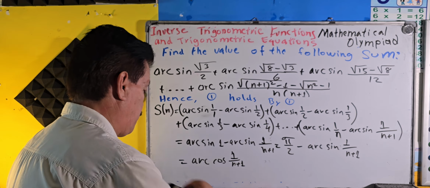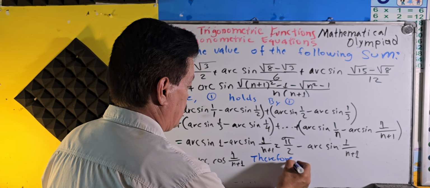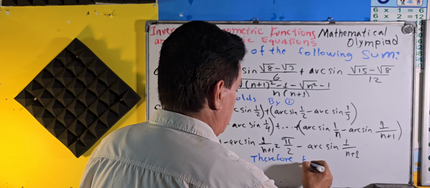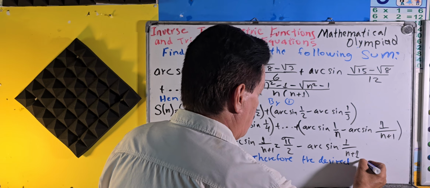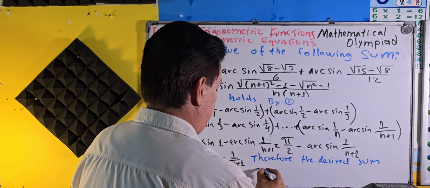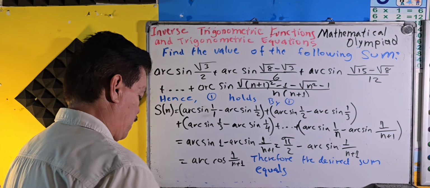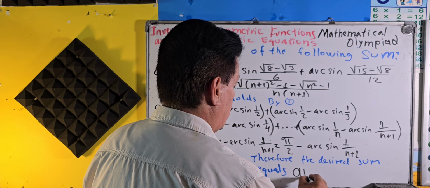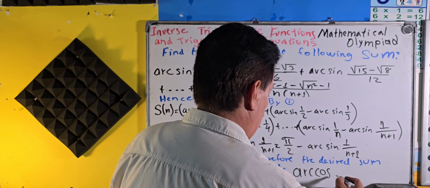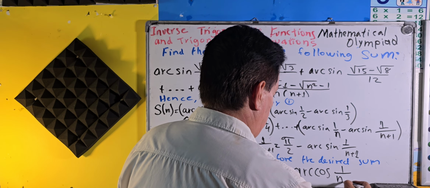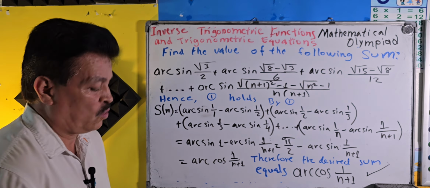So therefore the sum equals arc cosine of 1 divided by n plus 1. That's it. That's our conclusion.